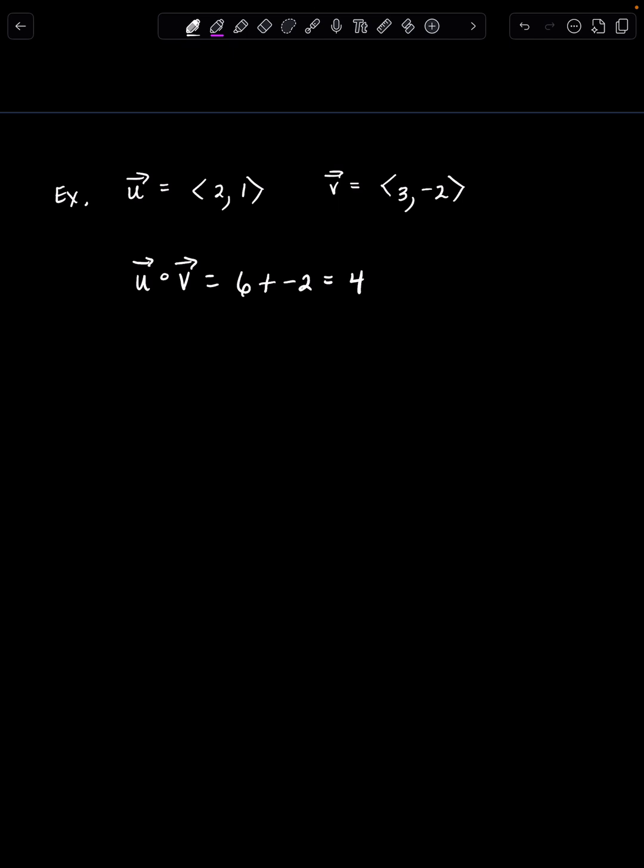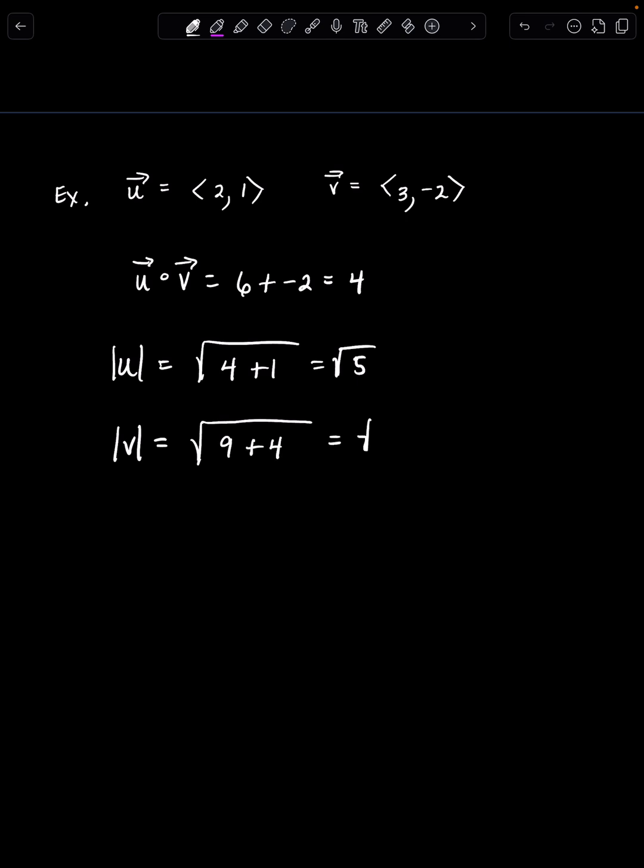All right, the magnitude of u is going to be 2 squared, which is 4, plus 1 squared, which is 1, which is the square root of 5. The magnitude of v is going to be 3 squared, which is 9, plus negative 2 squared, which is 4, which is the square root of 13.